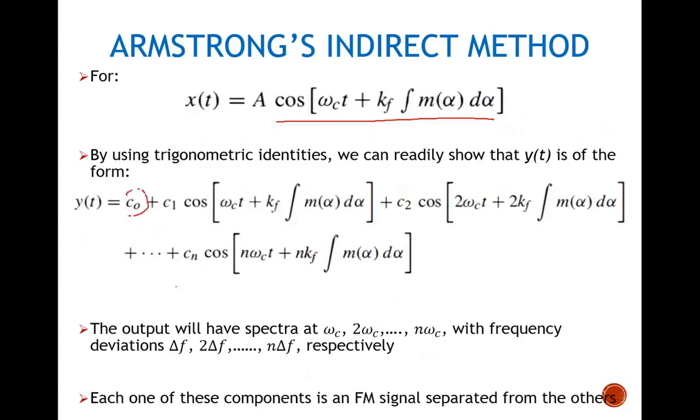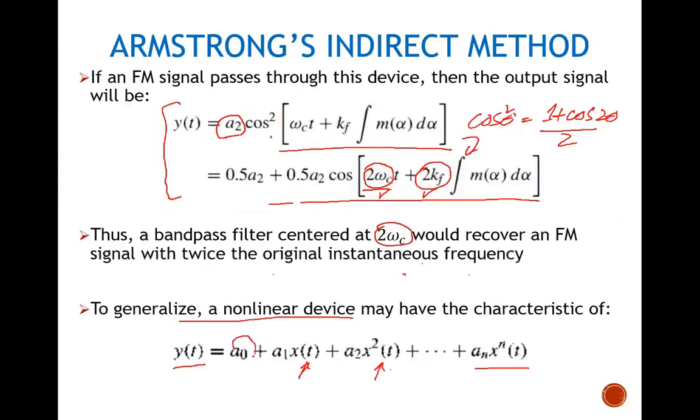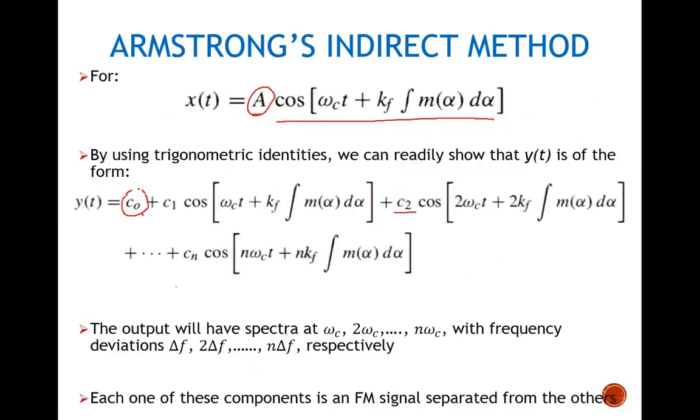The constants are now C0, C1, C2 because of the product of A, which is the amplitude of the narrowband FM, and the previous constants of the nonlinear device. So the new constants are C0, C1, and so on. Similarly, the rest of the cosine terms that we obtain are shown here.